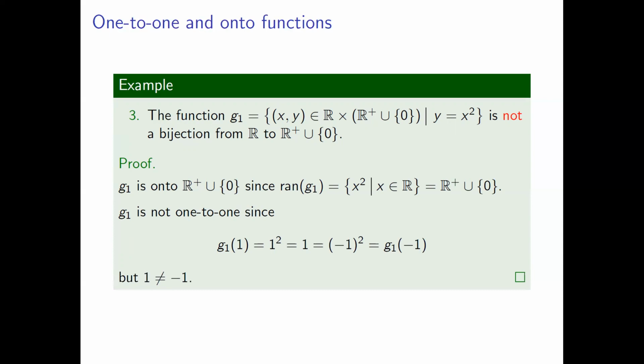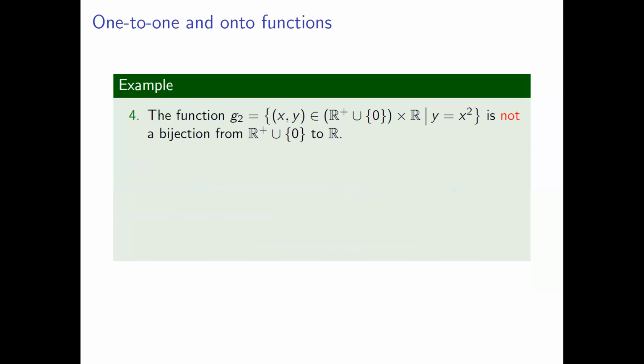So 1 and negative 1 have the same image under g1, but 1 is not equal to negative 1. Therefore, g1 is not one-to-one. Since g1 is not one-to-one, it follows that g1 is not a bijection, even if g1 is onto the set of non-negative real numbers.